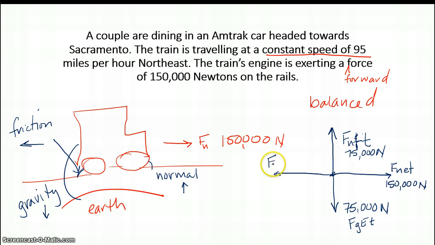That is a frictional force between the track, the rails, and the train. So these two vectors will equal each other. This value is going to be 150,000 newtons. And there's your force diagram. Again, you have 0 newtons as your net force.